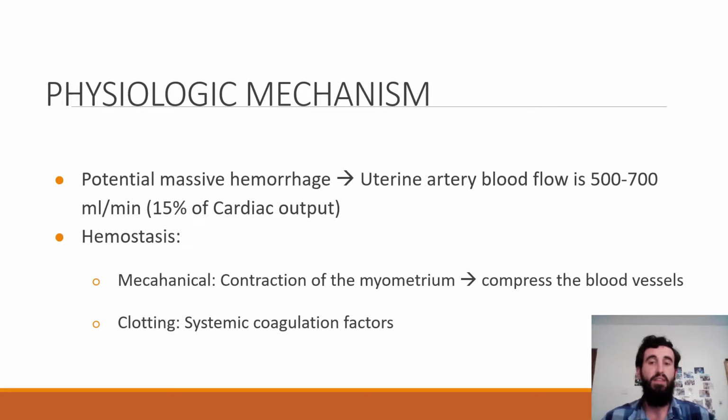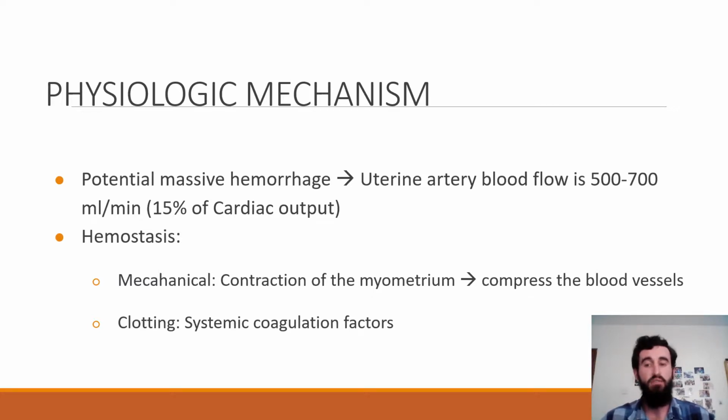That means that the uterine artery blood flow is around 500 to 700 ml per minute. So imagine that if there is, for example, a total rupture of the artery, we can bleed more than 500 to 700 ml in just 1 minute. So this is very important to know.